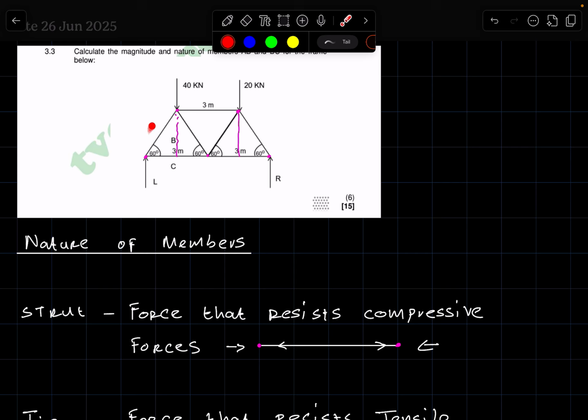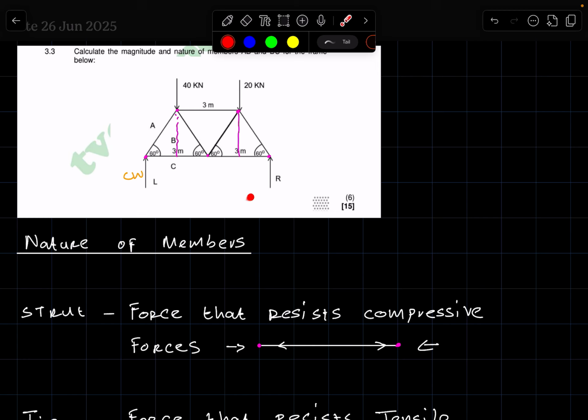If it's heading upward, it means the turning effect will be clockwise, towards the point we are taking moments about. The 40 kilonewtons is heading downward.